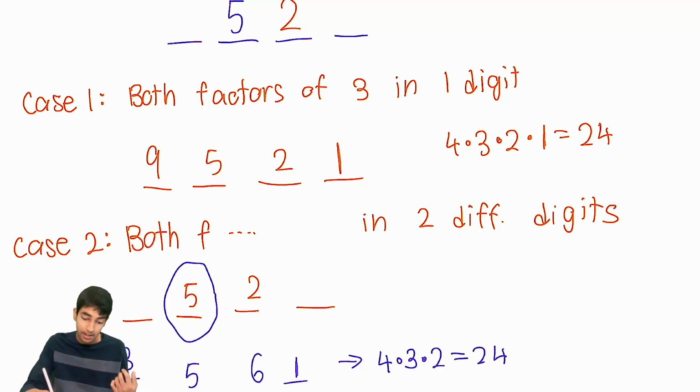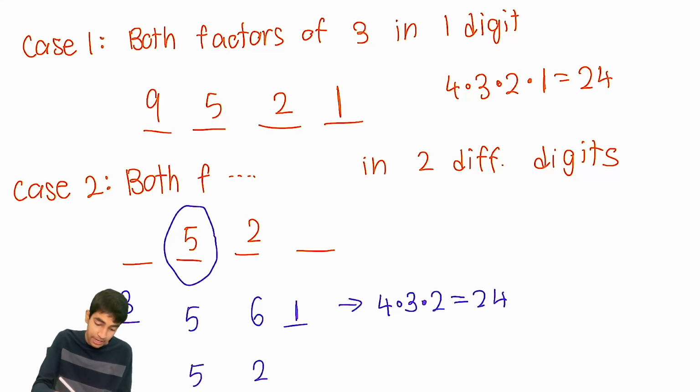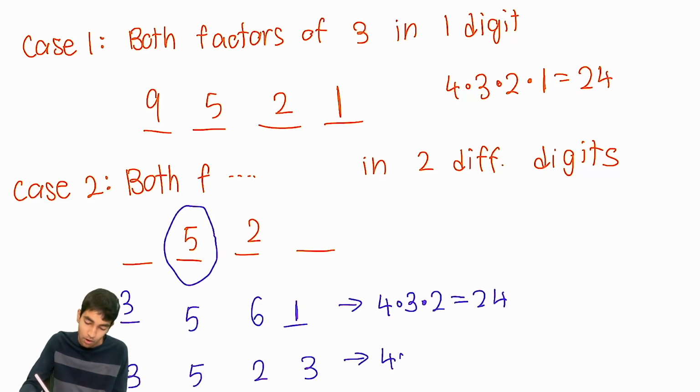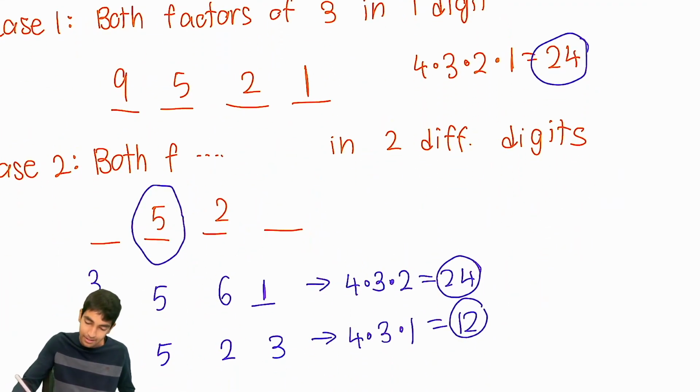But the other case is the 2 doesn't get the factor of 3. So both of the other digits each get a factor of 3. So we would get something like this. And in this case, we would have 4 times 3 times 1, which is 12. Overall, we have 24 plus 24 plus 12. And that is 60, our final answer.